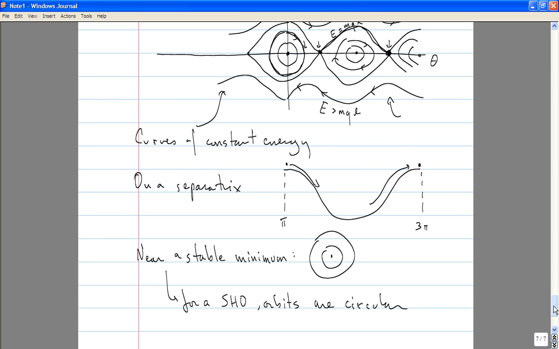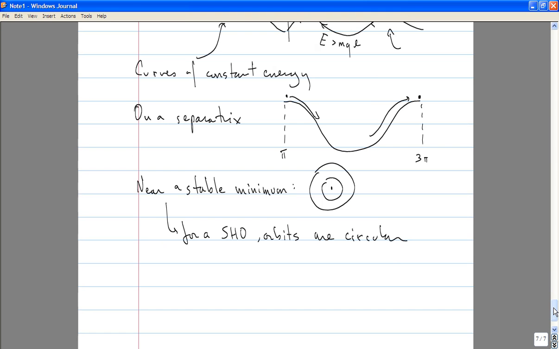And near an unstable minimum, rather than looking like circles or ellipses, the constant energy curves look like hyperbolas.